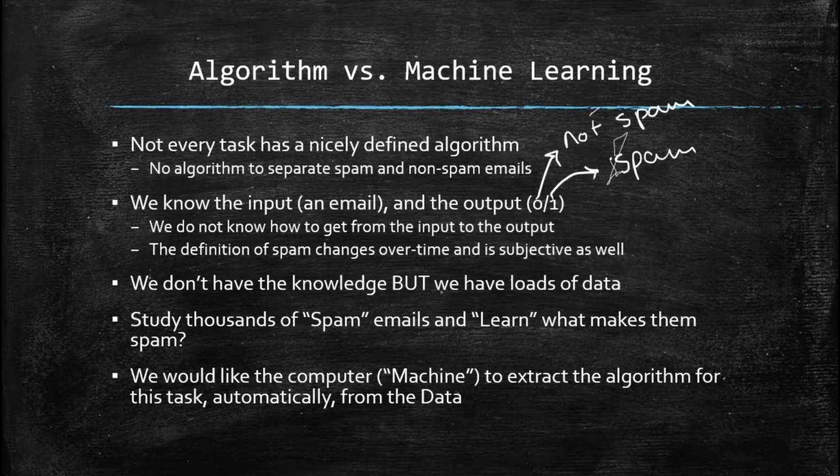You cannot come up with a series of instructions to do this. The main reason for that is that the very definition of spam changes over time, and it's a subjective matter as well. What could be spam to me could be a very relevant email for you. So basically, we don't have the knowledge to come up with that series of instructions.